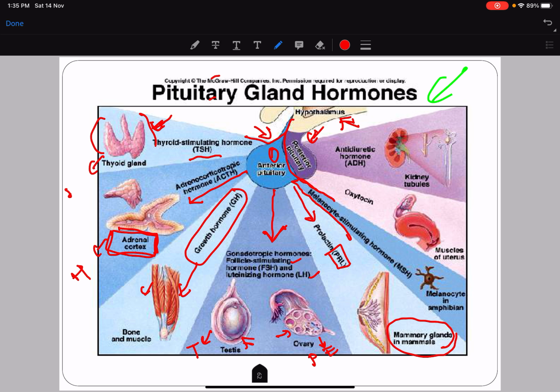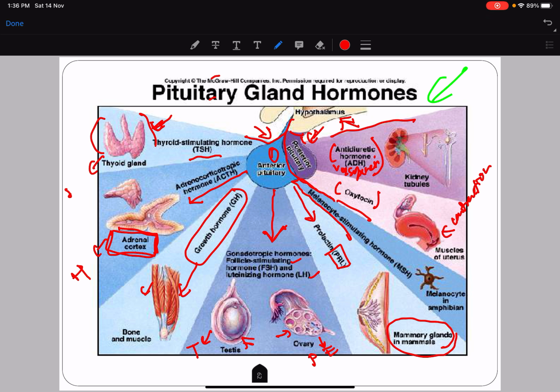Next, the posterior pituitary secretes oxytocin and ADH, antidiuretic hormone, also called vasopressin. The posterior pituitary secretes oxytocin, which travels through the blood to the muscle of the uterus to cause contraction.